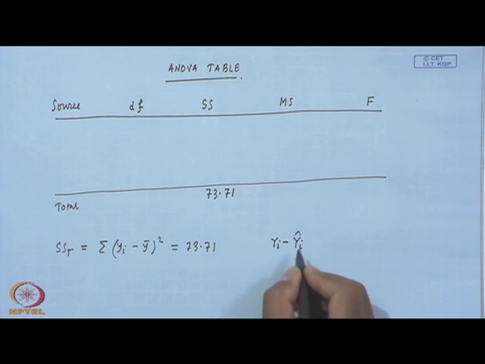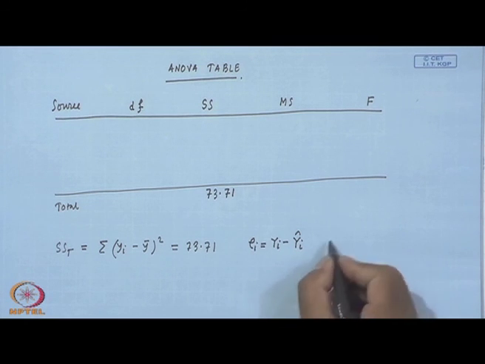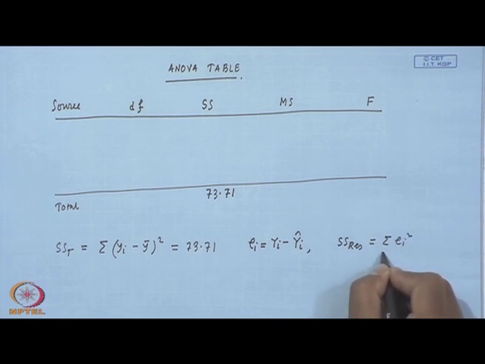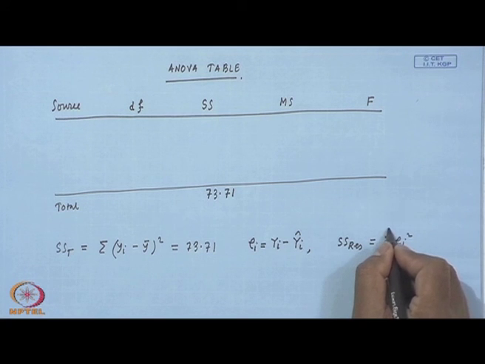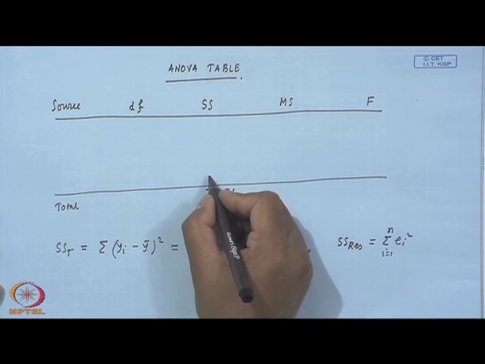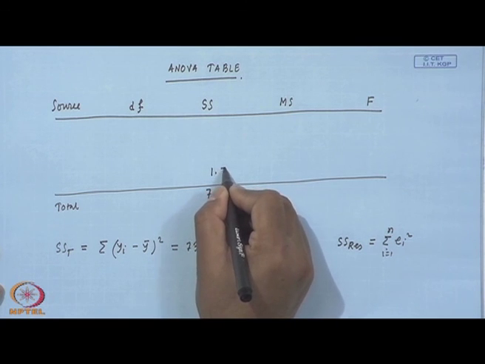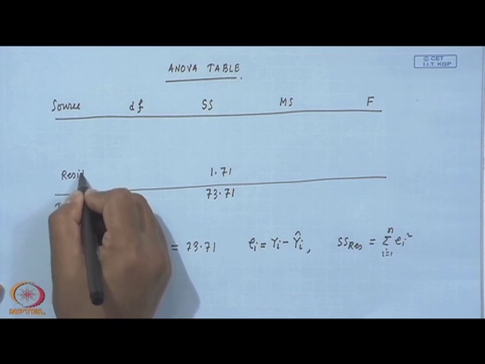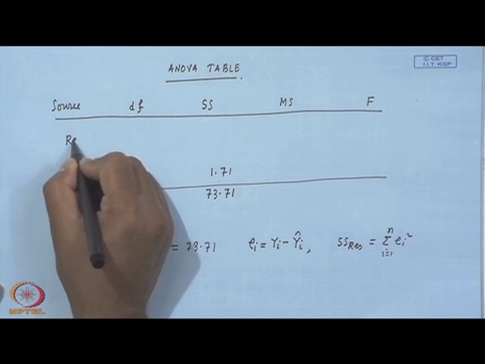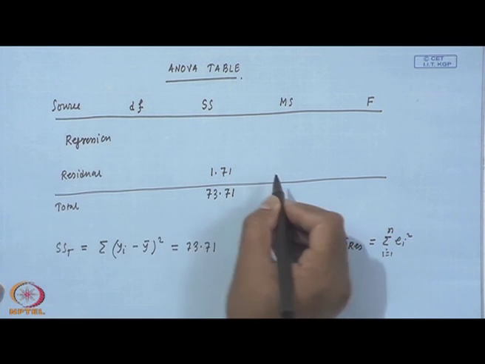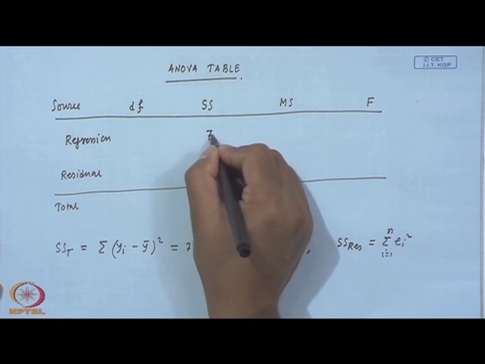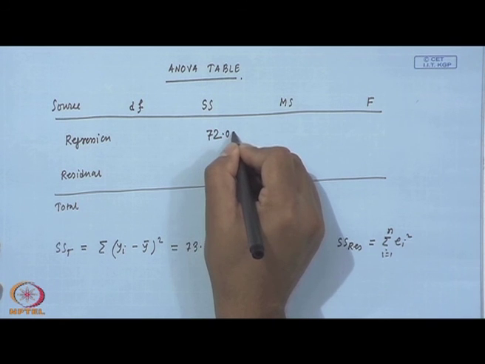So, from here you can compute ei, the ith residual, and then you can compute the SS residual also. SS residual is nothing but summation ei square, i is from 1 to n. You can check that the SS residual is 1.71. So, this is residual, and then we are left with the regression. You can check that the regression is 72.00.